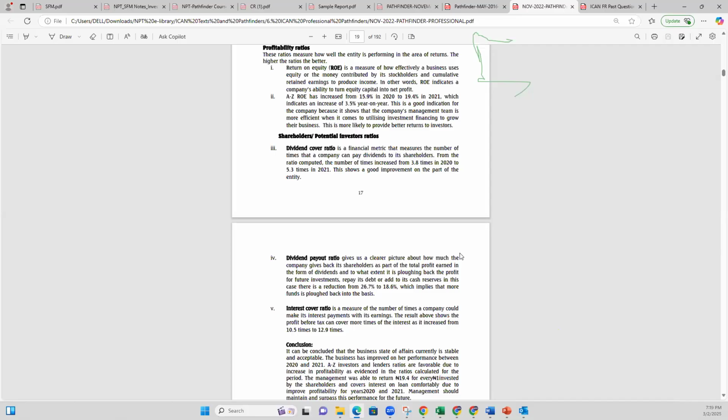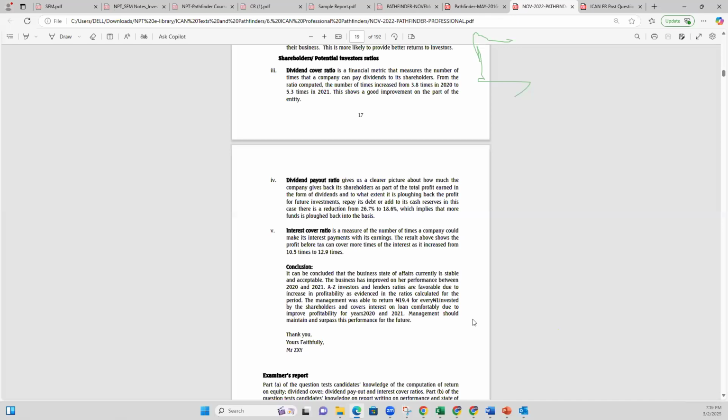Interest cover ratio. This is a measure of the number of times a company could make its interest payments with its earnings. The result above shows the profit before tax can cover more times of the interest as it increased from 10.5 times to 12.9 times. Conclusion. It can be concluded that the business state of affairs currently is stable and acceptable. The business has improved on its performance between 2020 and 2021.